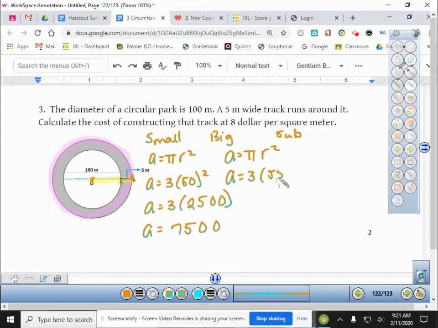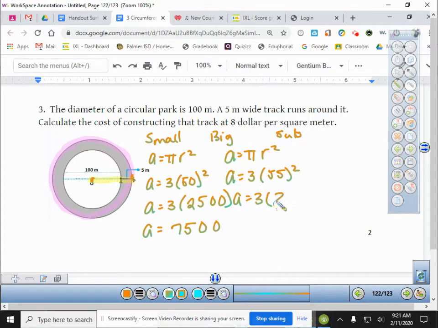Solve it, please. Tell me what 55 squared is. 3,025.